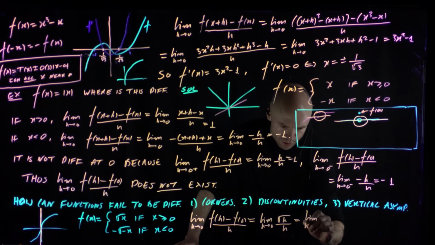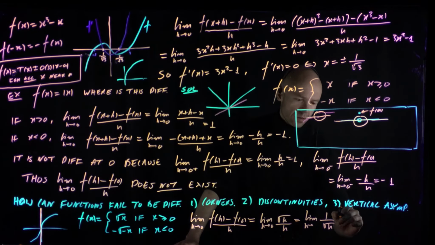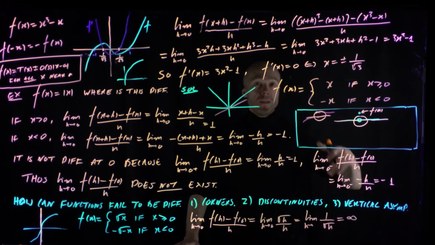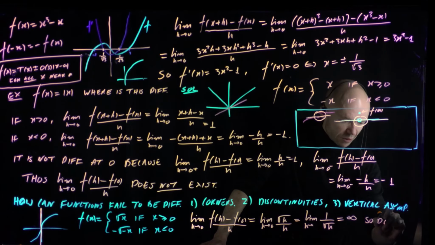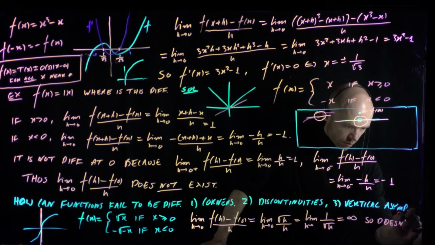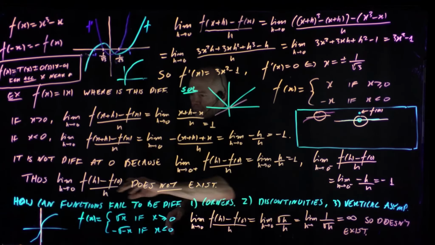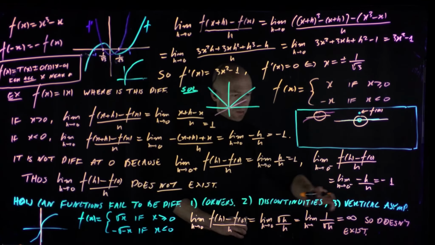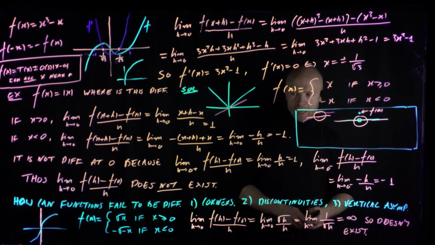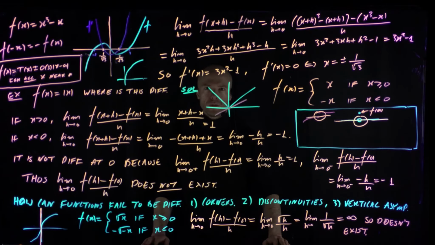That's the limit as h goes to 0 of 1 over square root of h, which is blowing up, equal to infinity, and therefore it doesn't exist. It doesn't exist as a number, because when we say it exists, we mean exists as a number. So something like that is not differentiable at that point. So that's what we mean by vertical asymptotes. So if you see any of these three behaviors, then you know for sure that your function is not differentiable.